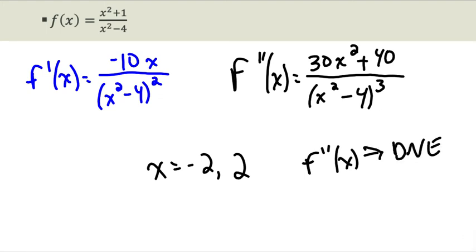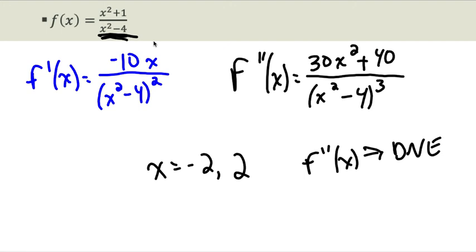So if your second derivative doesn't exist, then we have to look at whether these are actually points of inflection or something else. Because these are two values that made the second derivative undefined, we go back and look at the original function, and since they are values that also make the original function undefined, these are not points of inflection, and we know that they're vertical asymptotes.